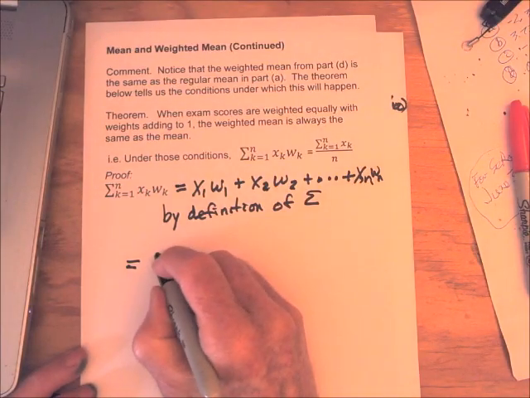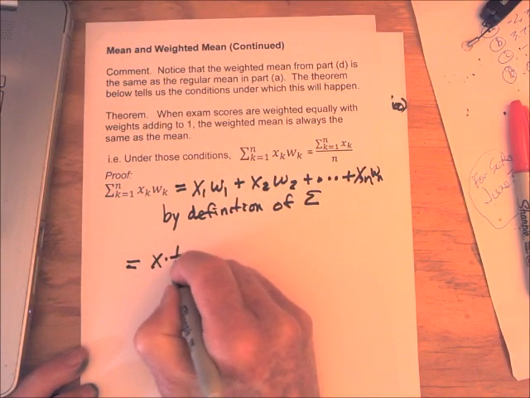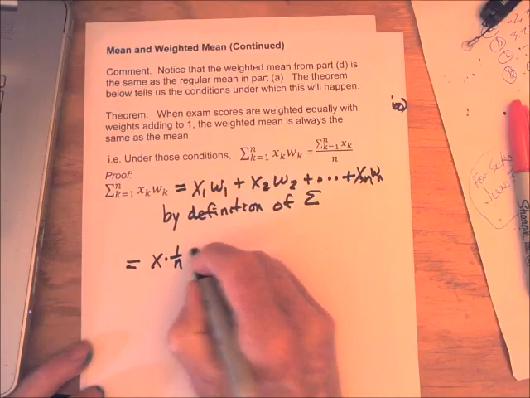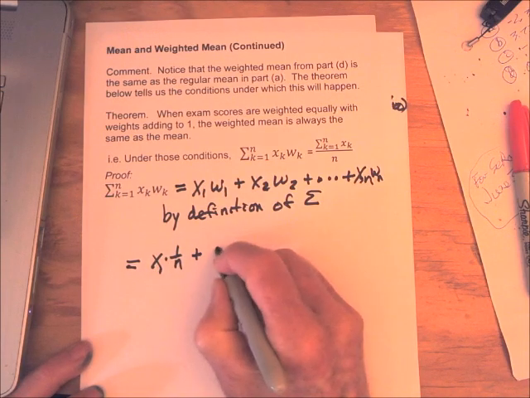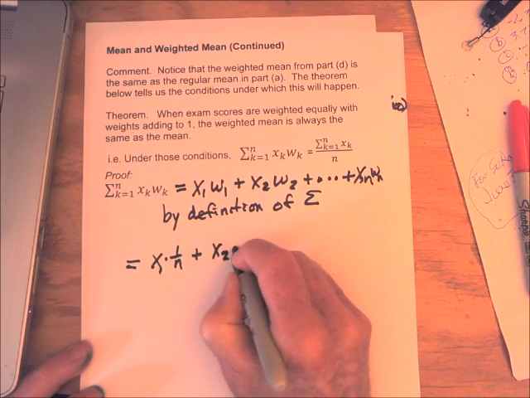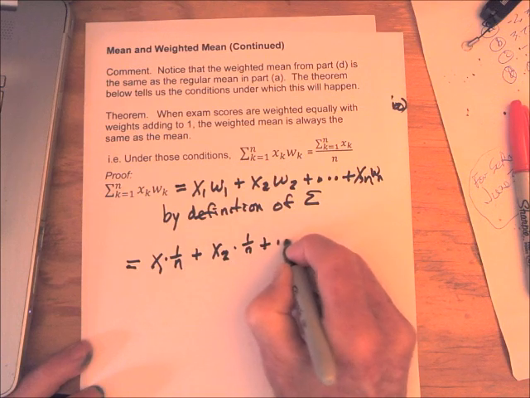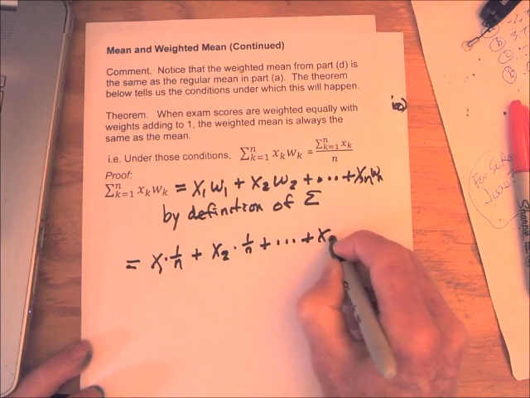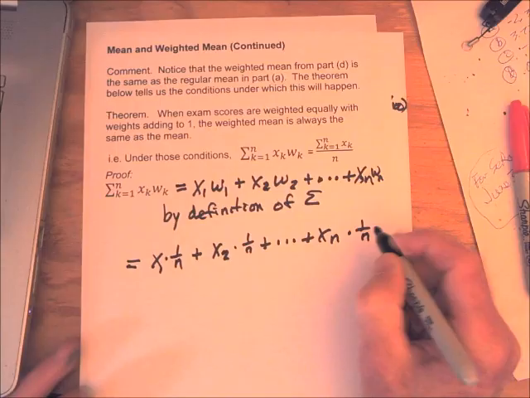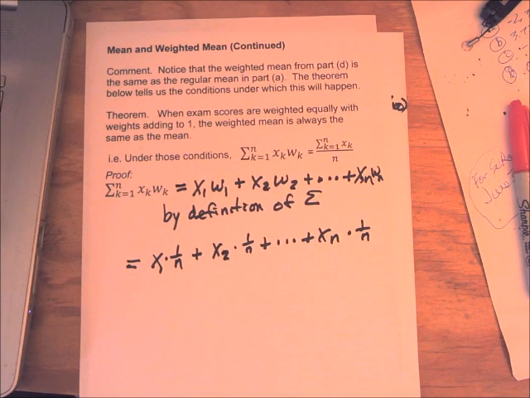I'll just write this out now. So the first exam score times 1 over n, plus the second exam score times 1 over n, plus etc., plus the last exam score times 1 over n. If you think about, say, dividing a pizza among 2 people, if you want to divide it equally, each person will get 1 over 2 or one half of the pizza. If you're dividing it equally among 3 people, then each person gets 1/3 of a pizza.